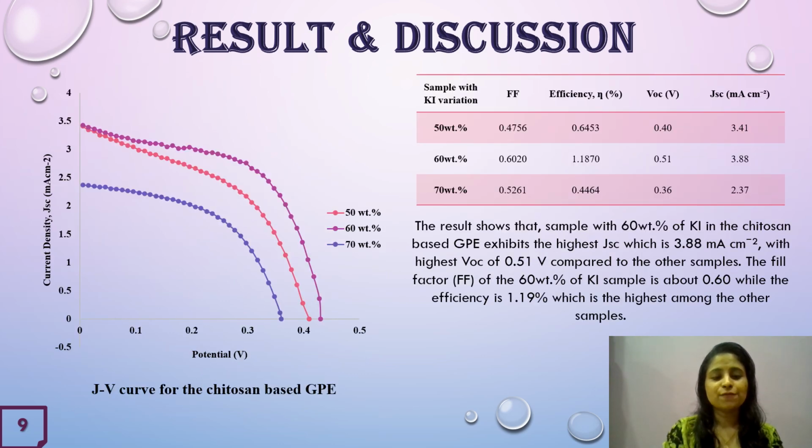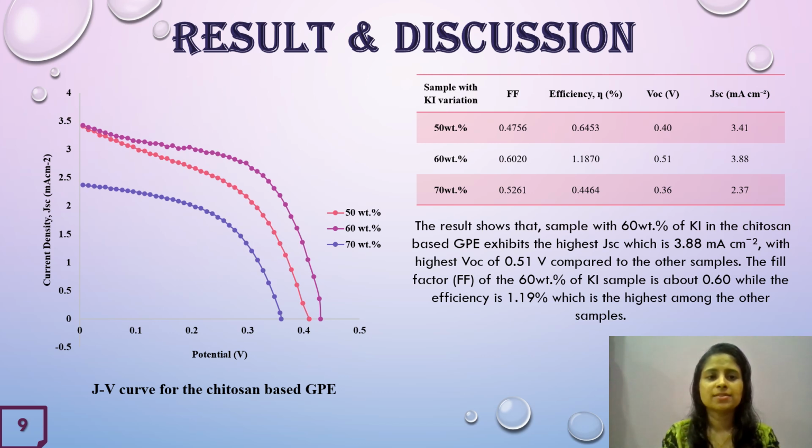The next graph shows the JV curve for the chitosan-based gel polymer electrolyte. The result shows that the sample with 60 weight ratio percentage of potassium iodide in the chitosan-based gel polymer electrolyte exhibits the highest current density, which is 3.88 mA per centimeter square, with the highest open circuit voltage of 0.51 volt compared to the other samples.